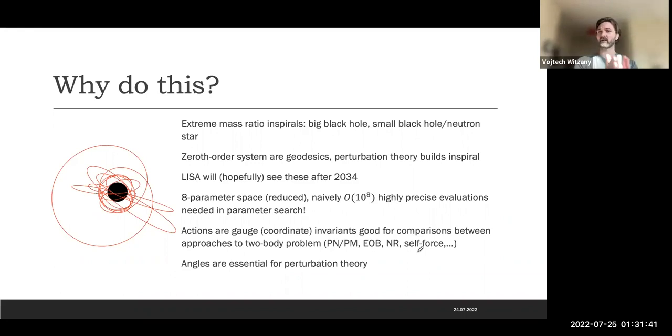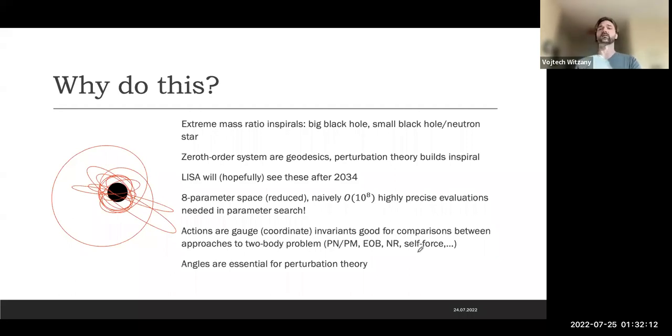The inspiral may span years in the LISA band, and it happens in the millihertz, which is ideal for LISA. When you are treating these inspirals theoretically, the zero order system that you use are geodesics, free test particle orbits, and then you use perturbation theory to build the inspiral, to gradually make the geodesic decay and fall into the central black hole.